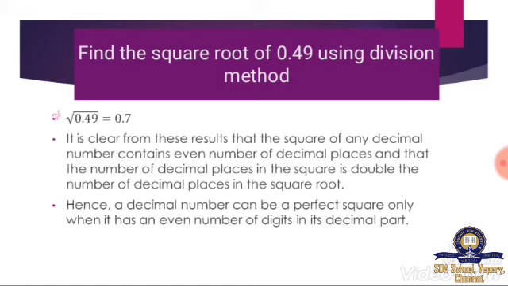From this we can prove this condition. Hence a decimal number can be a perfect square only when it has an even number of decimal places in its decimal part. Can you understand? Let me move on to the next thing.